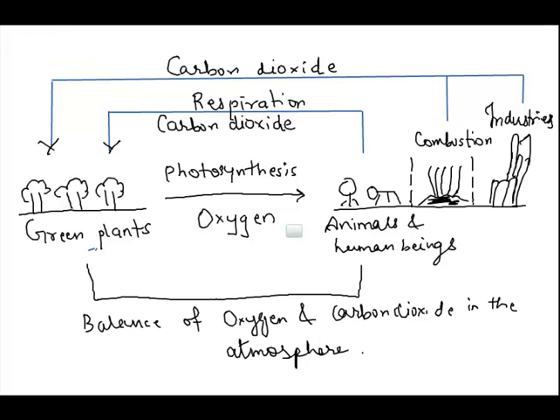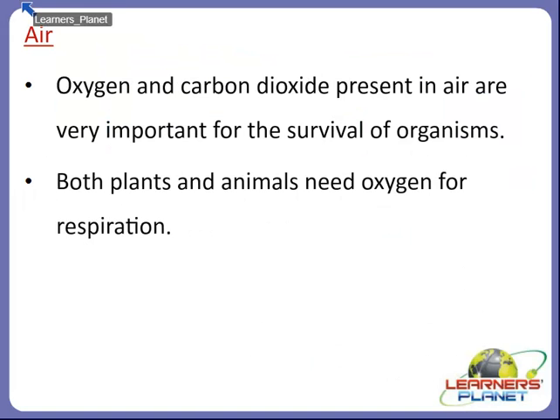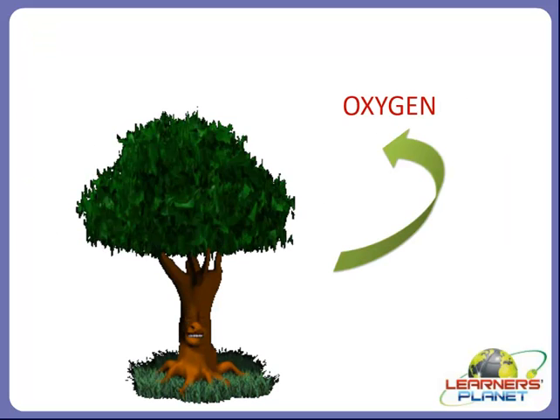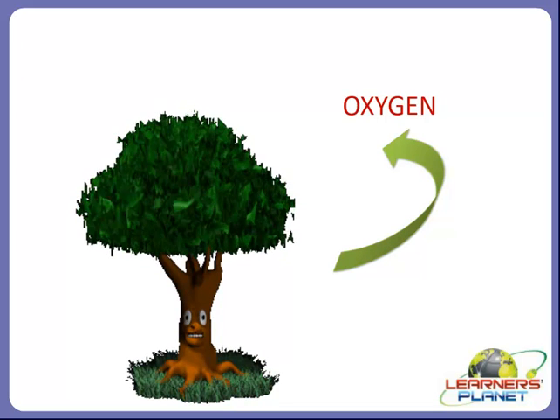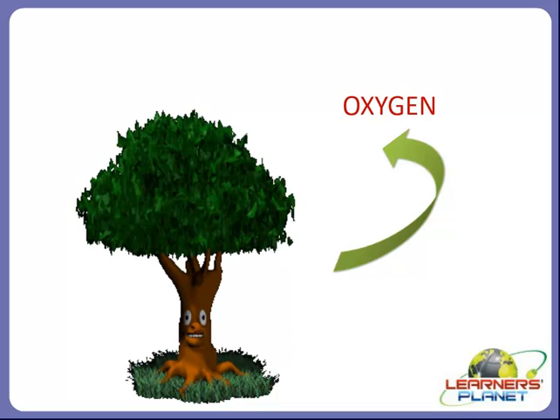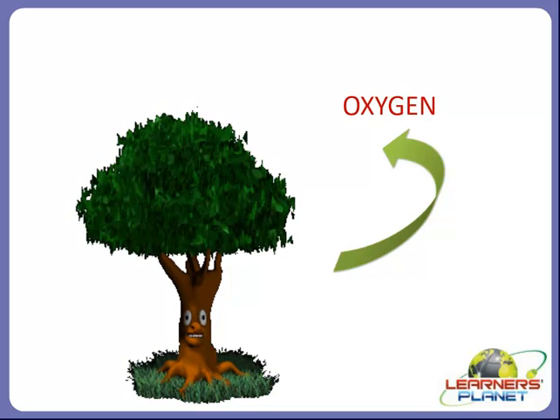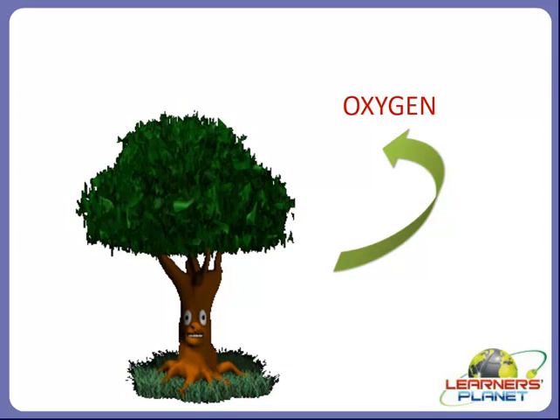Now let us get back to our slide. Yes, what we were discussing about air. There is one more thing to be studied about air. We know that air is very important for us, or oxygen is very important for us.